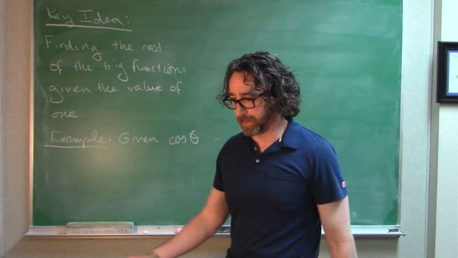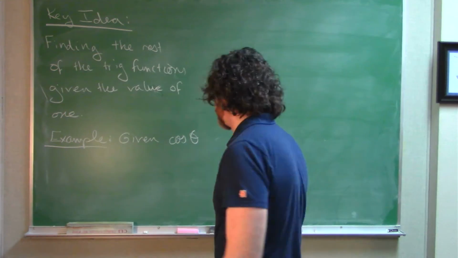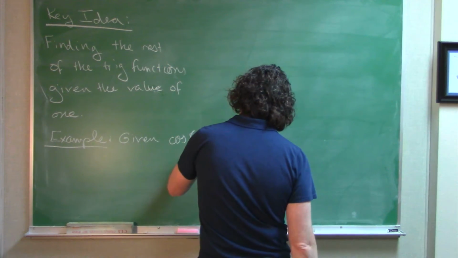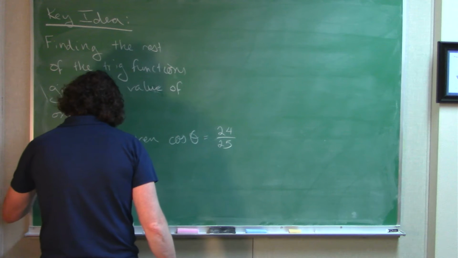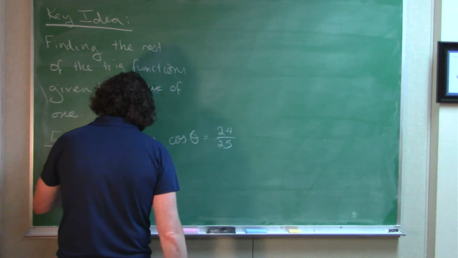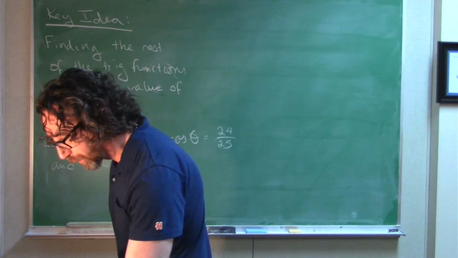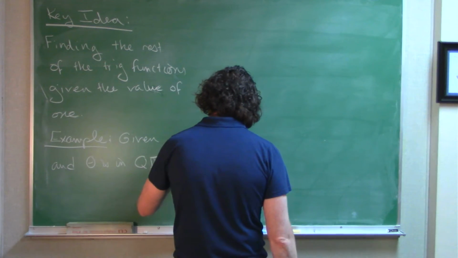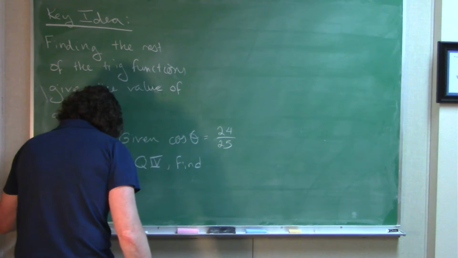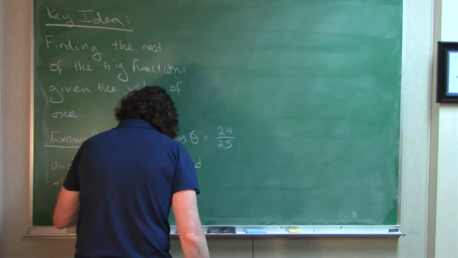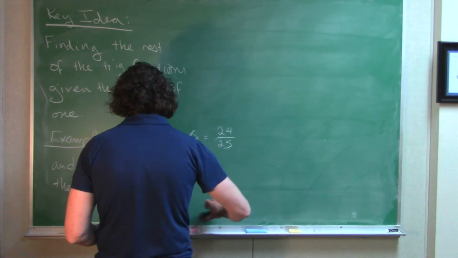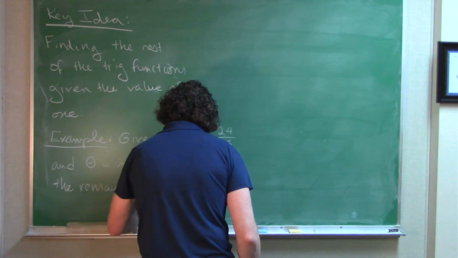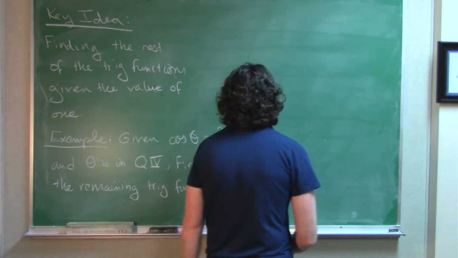Given that cosine theta is 24 over 25, and theta is in quadrant 4, find the remaining, or find the value of the remaining trig functions.